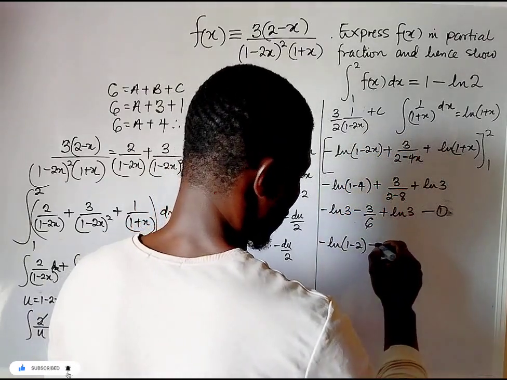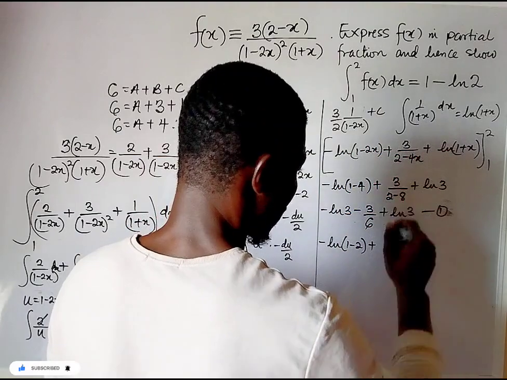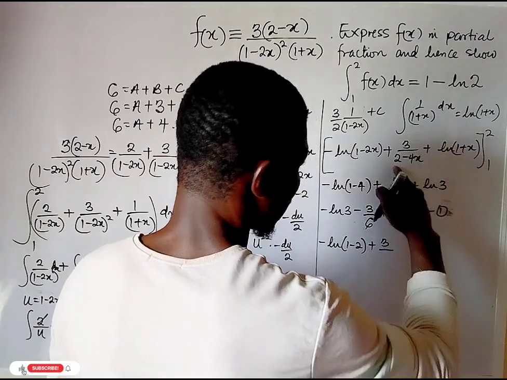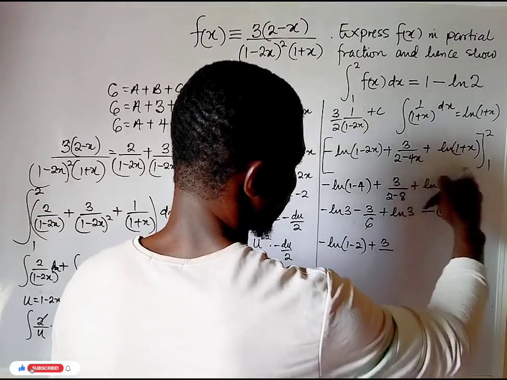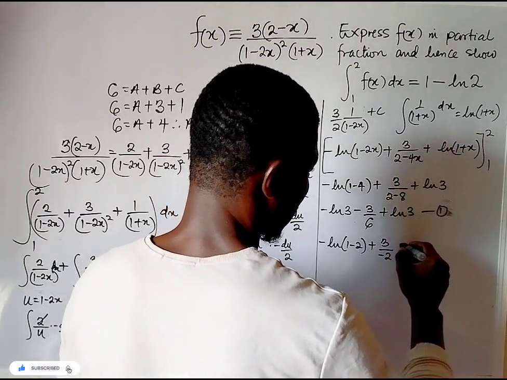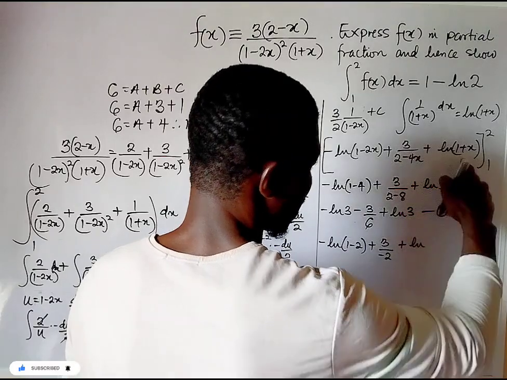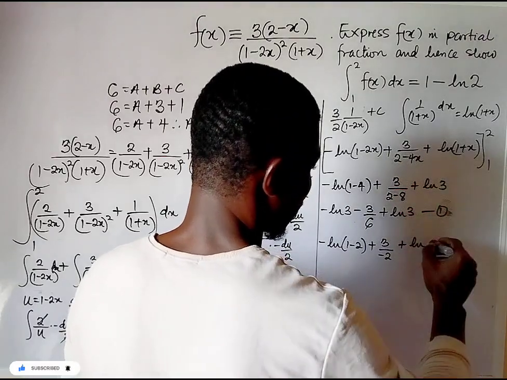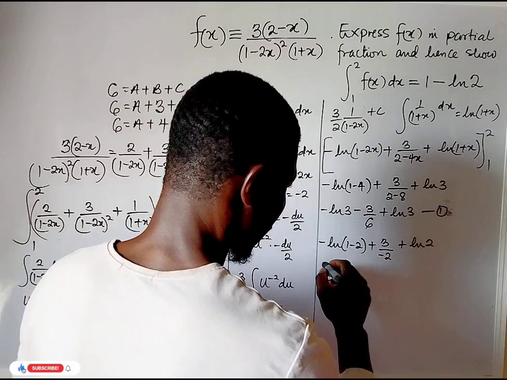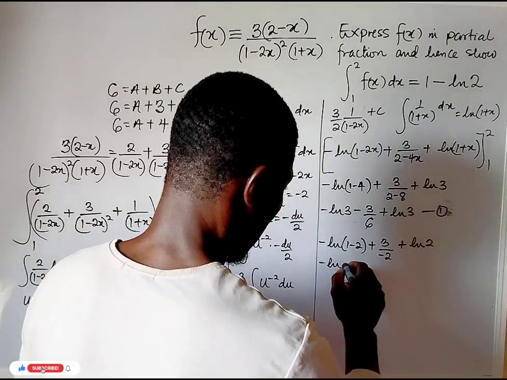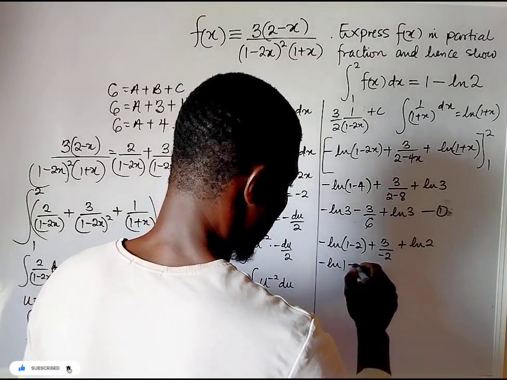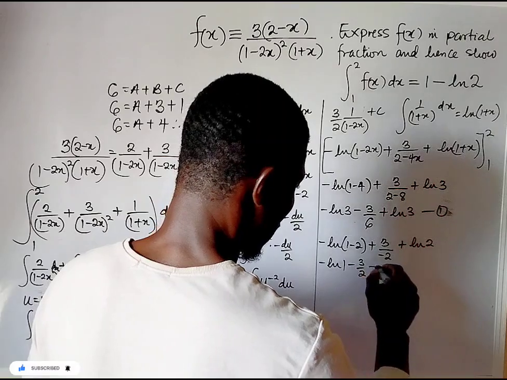Then plus 3 all over 2 minus 4, because 1 times 4 is 4. We have minus 2, then plus ln of 1 plus 1, which gives us 2. So here we have minus ln 1, because we are taking the absolute value, then minus 3 all over 2 plus ln 2.